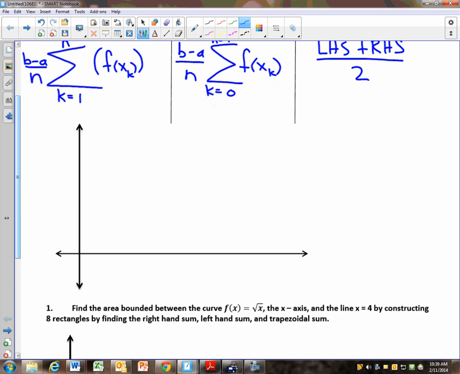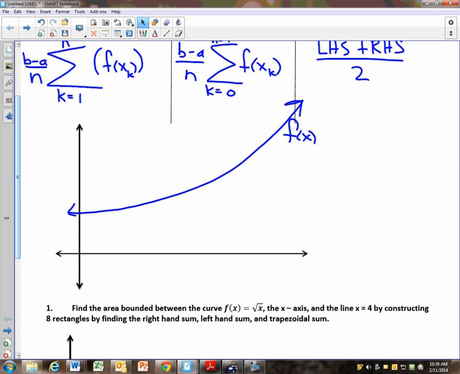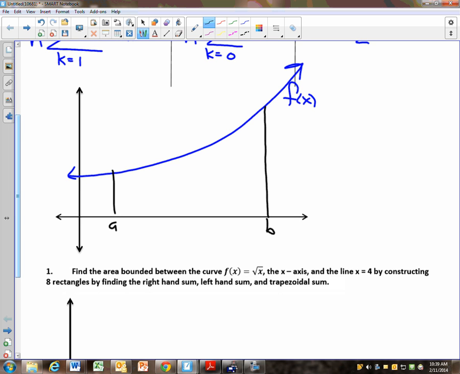Let's draw it out so we can understand exactly what's happening. Okay. We have a function. We're going to start the boundary of A and B. And we're going to divide it up into a certain number of rectangles, okay?